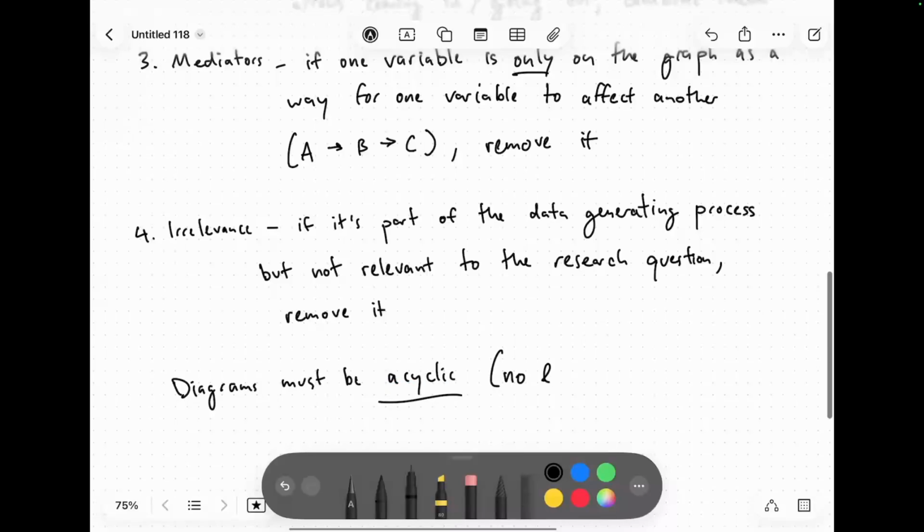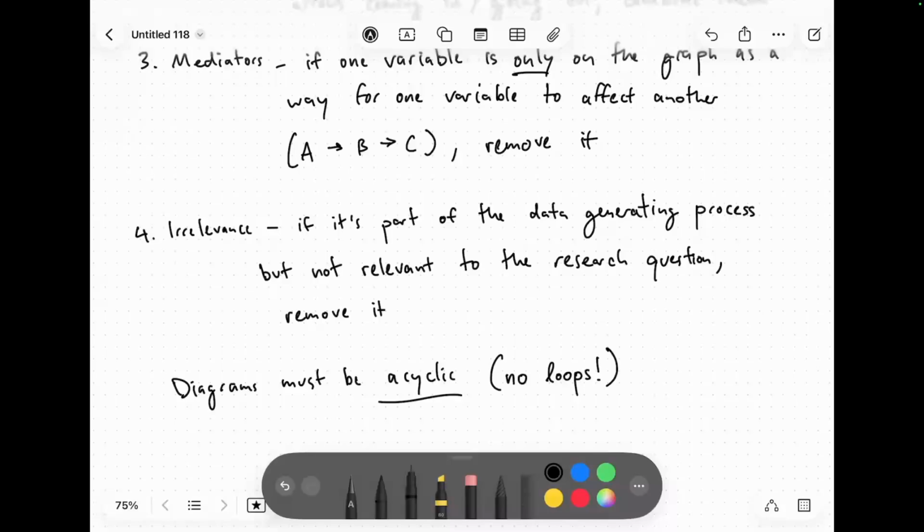That means no loops. Okay. All right, any questions?